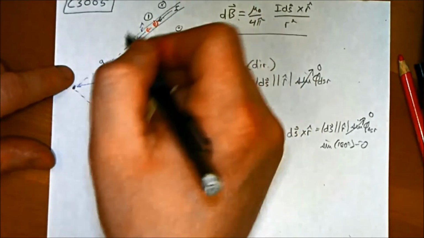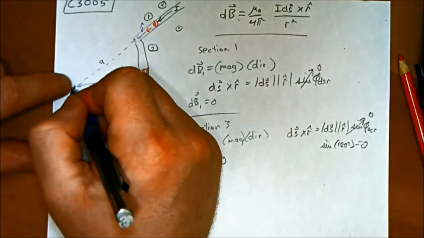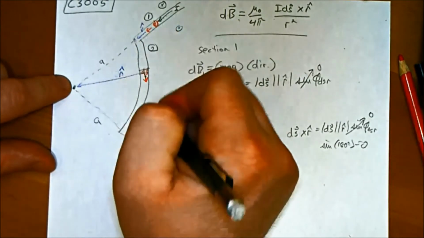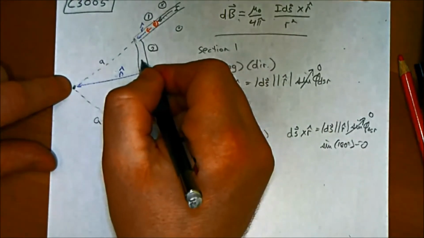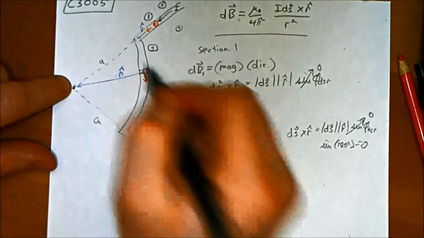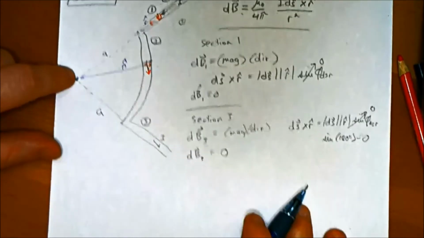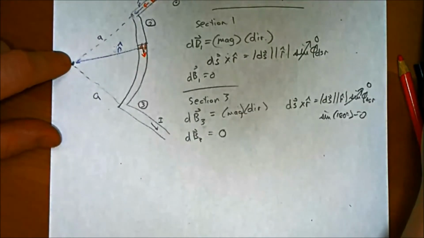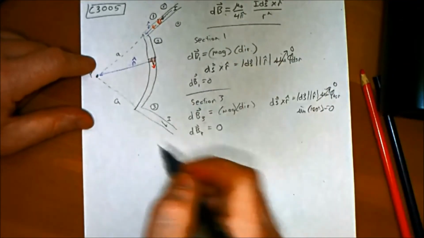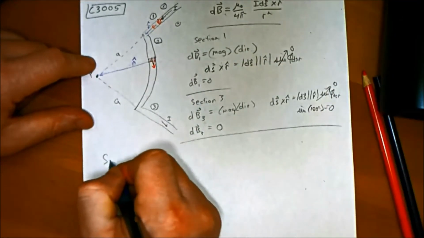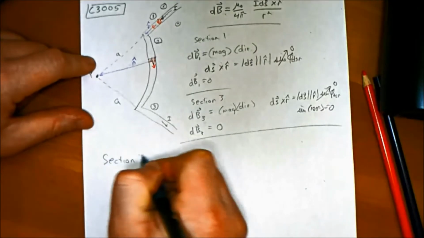But the magnetic field contribution at point P from section 1 and section 3 is 0. So therefore, we only have to worry about this circular curved piece of wire. I'll zoom out just a little bit and get more of the page in. Okay, so section 2.